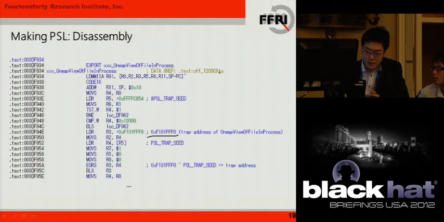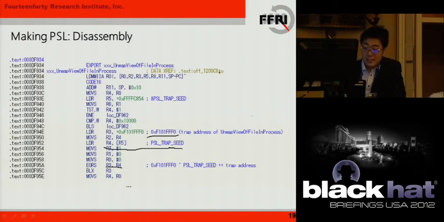But this is not used directly. You see, the PSL trap seed is loaded here, and the trap address is randomized, XORed using the PSL trap seed, and then a branch is made here. Pretty cool.